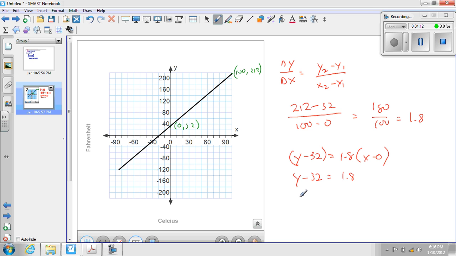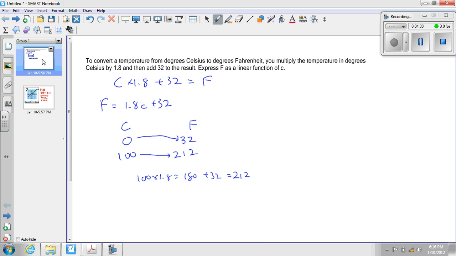I'll add 32 to both sides. I get y is equal to 1.8x plus 32, and my y was my Fahrenheit, my x was my Celsius. So you can see the relationship between doing this graphically and up here doing it as an equation.